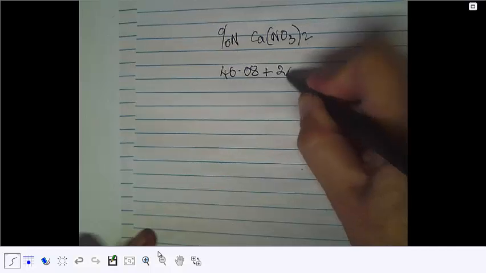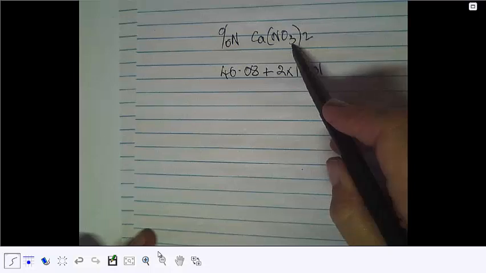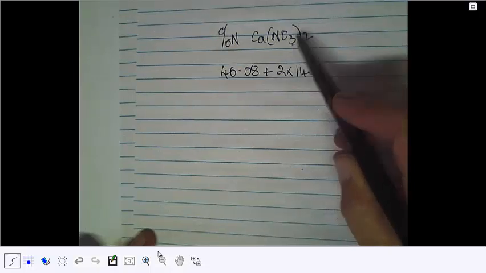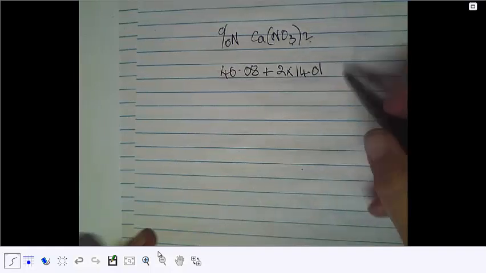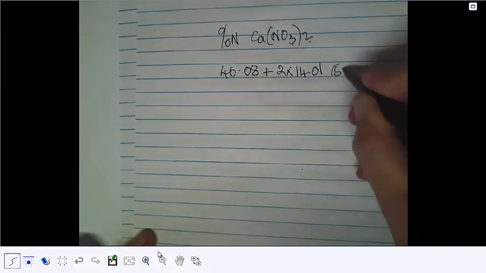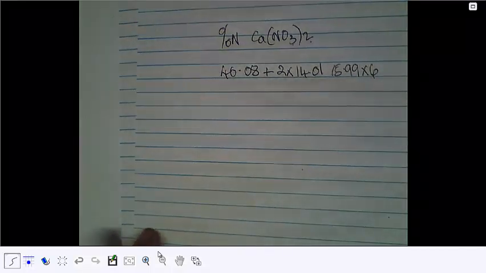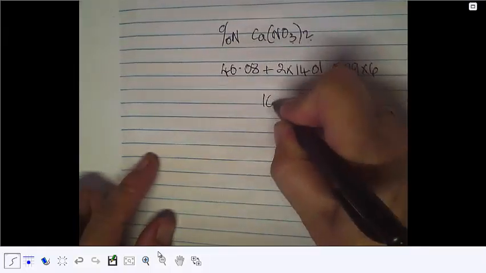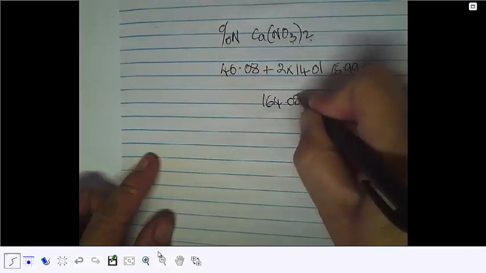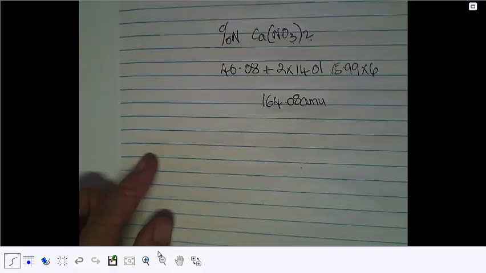Look carefully, there are brackets, 2, so it's 2 times 14.01, and there are 3 oxygens in the nitrate molecule, but look, there are brackets, it's 3 multiplied by 2, so that is 15.99 multiplied by 6. That total should give us an atomic mass of 164.08 atomic mass units.